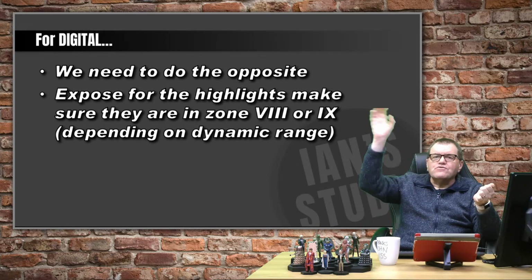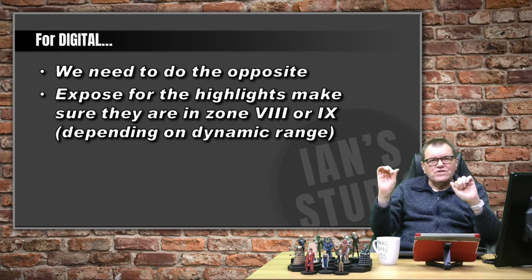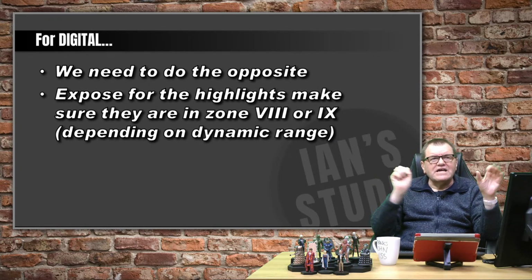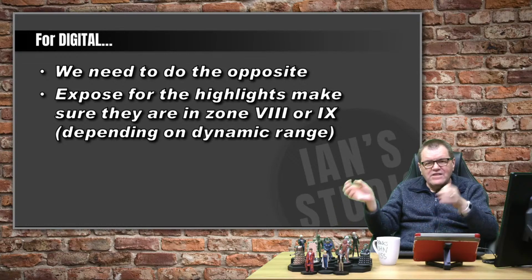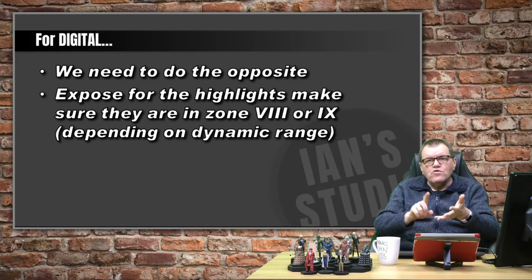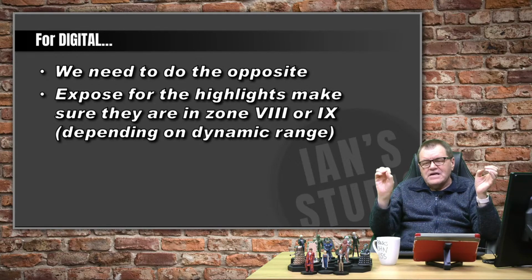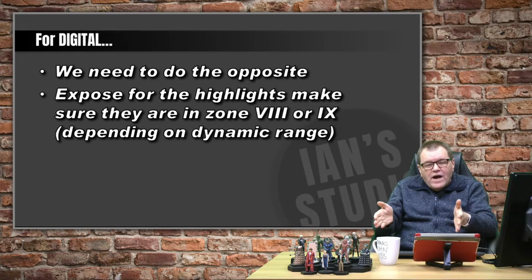So if you've got the street lamp in your shot and you know that's going to blow out just that little bit, or if you've got something that's sparkly and you just get those little specular highlights on there, that's fine. Those can go into zone 10. Those can be blown out. It doesn't matter. But anything that's important, like snow, sky, clouds, anything like that, keep them in effectively zone 9. In other words, make sure they don't blow out.